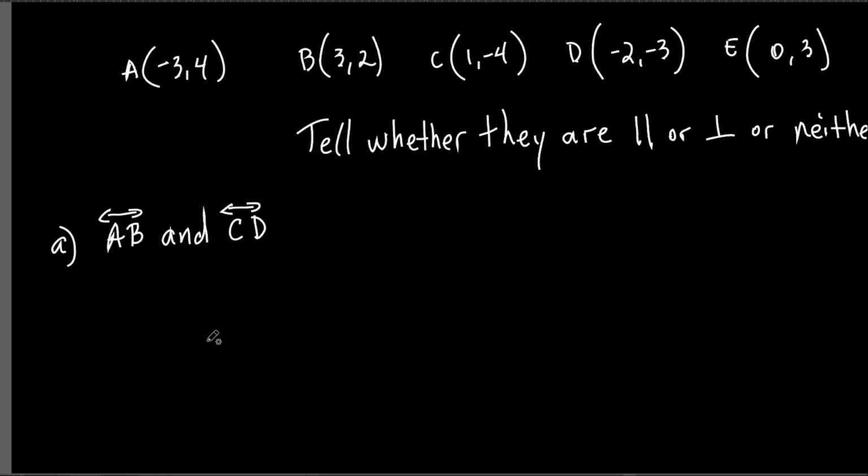So line AB, it's these 2 points right here. You don't have to do this, and I really don't want you to do it, but you could, if you wanted to, plot both of the points and see a line that goes through those points. I'm not going to do that right now. But what I want to do is see if this line is parallel to this line, is it perpendicular to it, or is neither one of those things true?